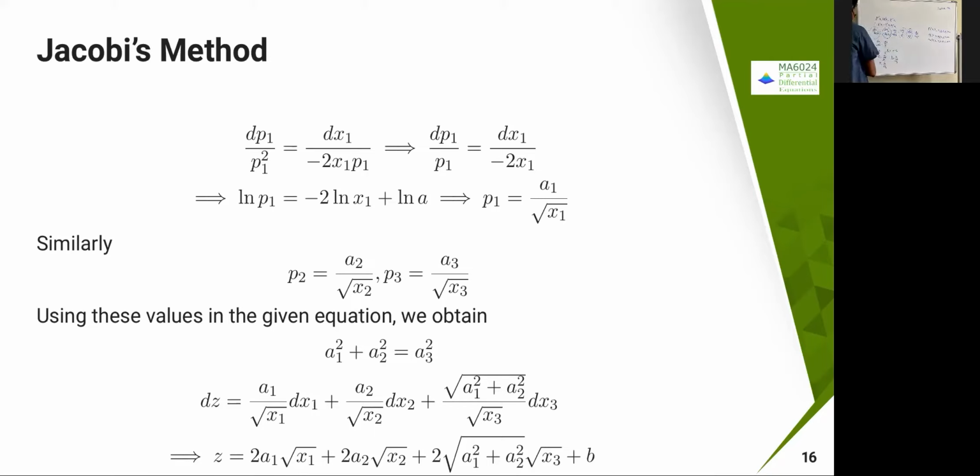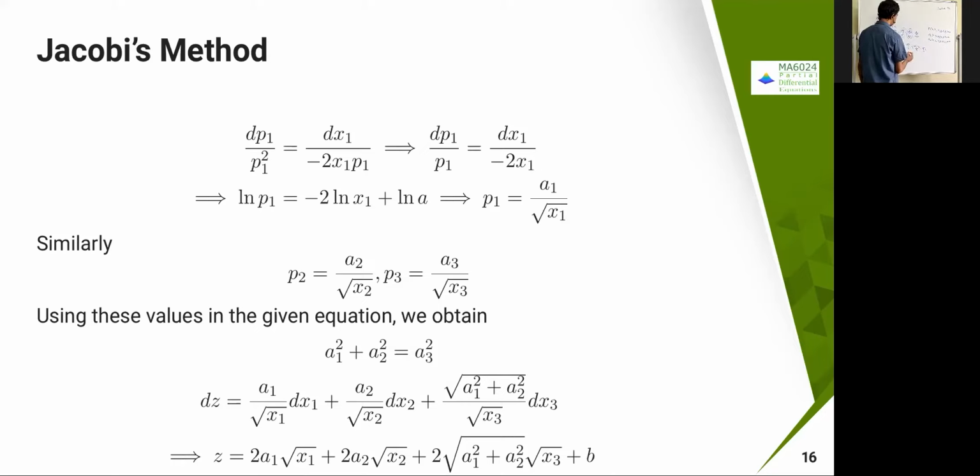Okay. Now use this value over here, and then you can eliminate one of the constants. So what you are going to get? If I substitute it over here, a1 square by x1 square, a1 square by x1 will get cancelled. So a1 square divided by x1 into x1 is going to come, plus a2 square x2 divided by x2 is going to come, equal to a3 square x3 into x3 is going to come.